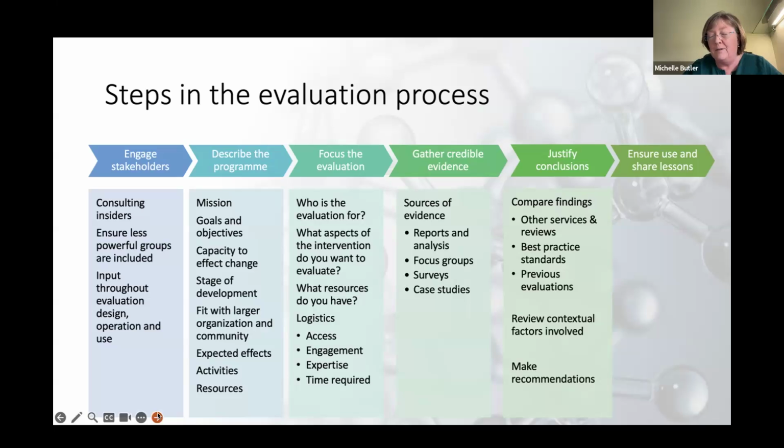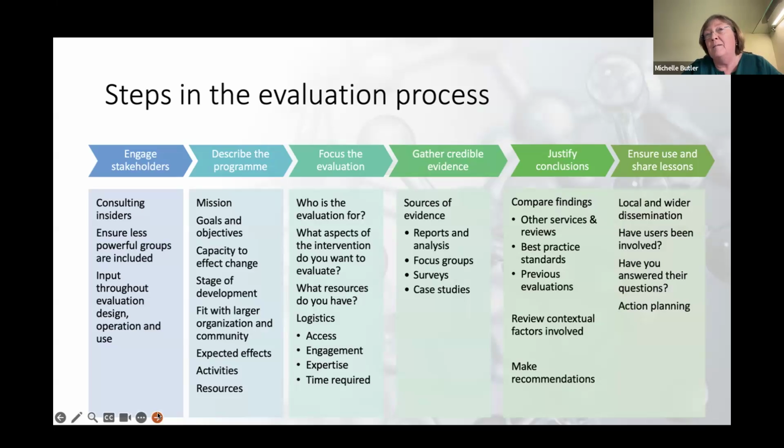Or you might decide to get going on some action planning, and that can be really useful, where we might say, well, look, based on these recommendations, we're going to try and do this, this, and this over the next while. We will set out some clear action points, and we will put a timeline to those and some people with responsibility, and we'll come back and review that. That can be very useful.